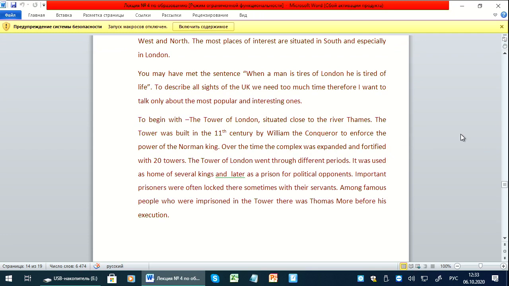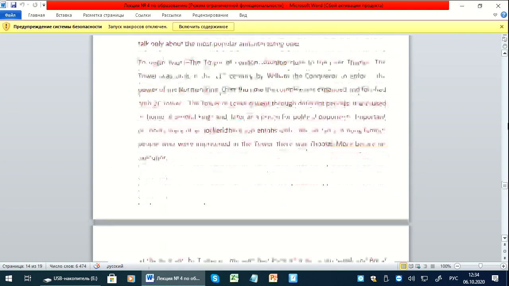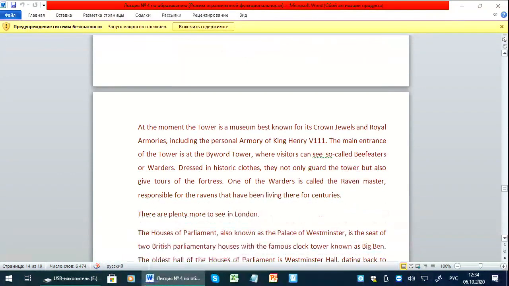Among famous people who were imprisoned in the tower was Thomas More before his execution. At the moment, the tower is a museum, best known for its crown jewels and royal armories, including the personal armory of King Henry VIII.